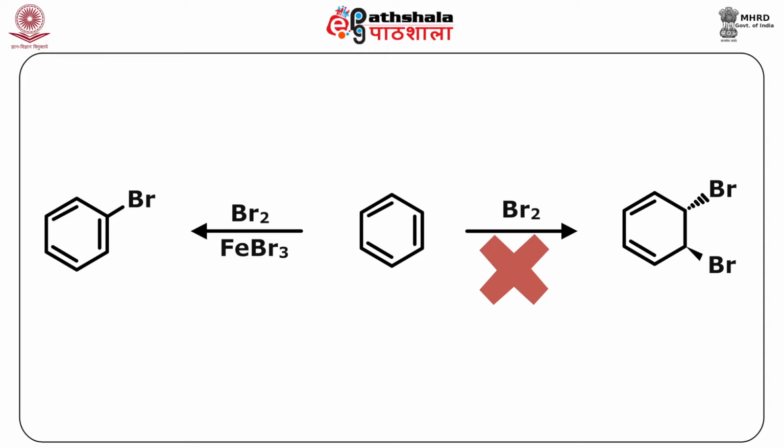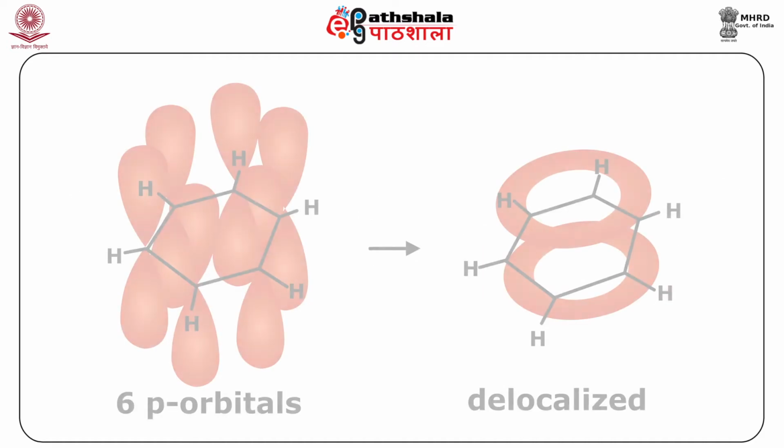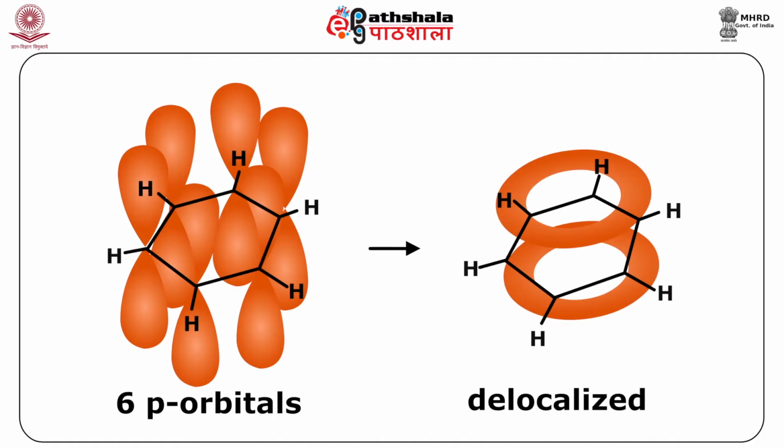That means they neither undergo the SN2 substitution nor the addition reaction which is observed in alkenes. Thus, the most accessible feature of benzene or the aromatic compound is the concentration of negative charge above and below the plane of the ring of carbon atoms.